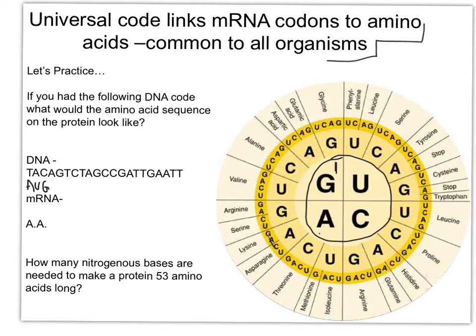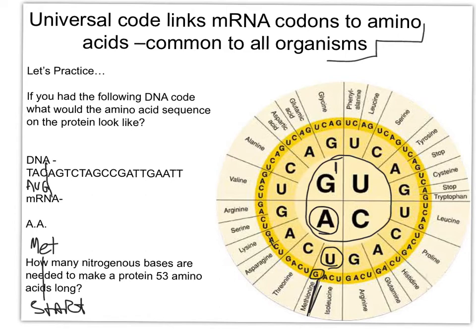And then you would look over here, you would see A, U, G, and you see that the amino acid is methionine. So you just do MET. By the way, MET is also the start codon. So that's the start.